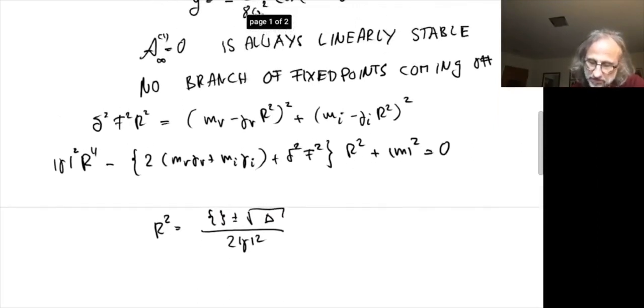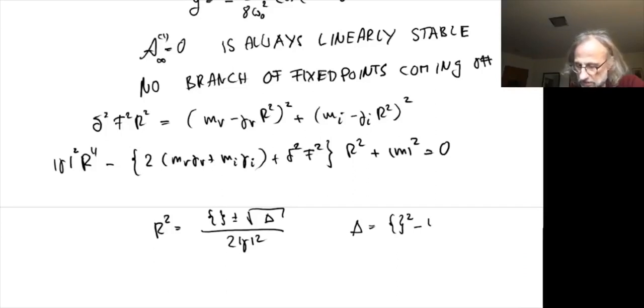The discriminant is this curly brace minus m absolute value squared times gamma squared. And so maybe I should write that down. It's easier to see. The discriminant is equal to the curly thing squared minus 4 m absolute value squared gamma absolute value squared.